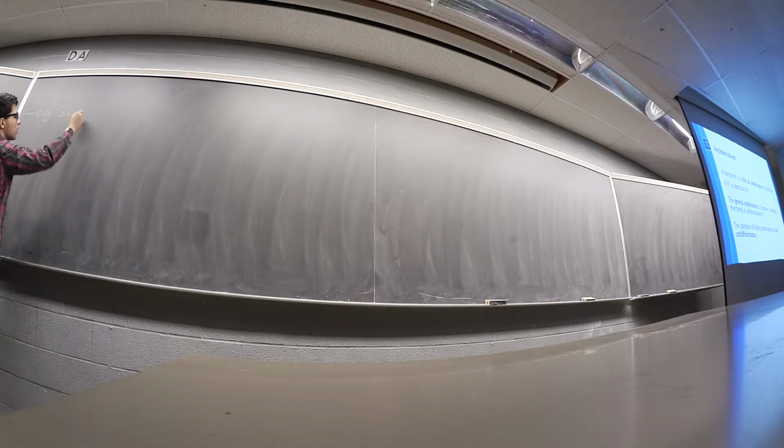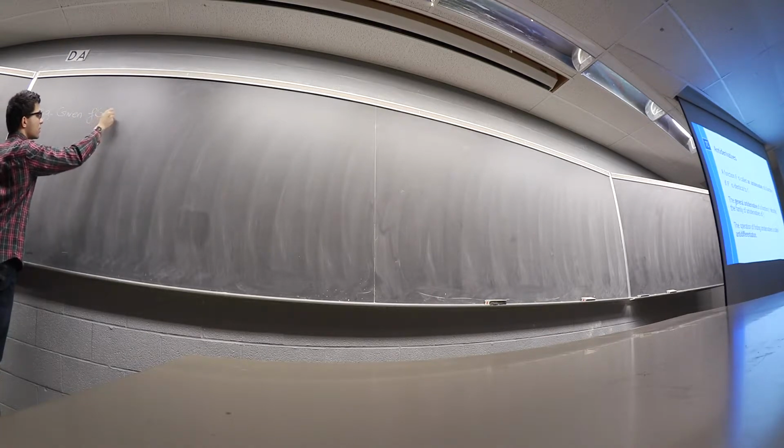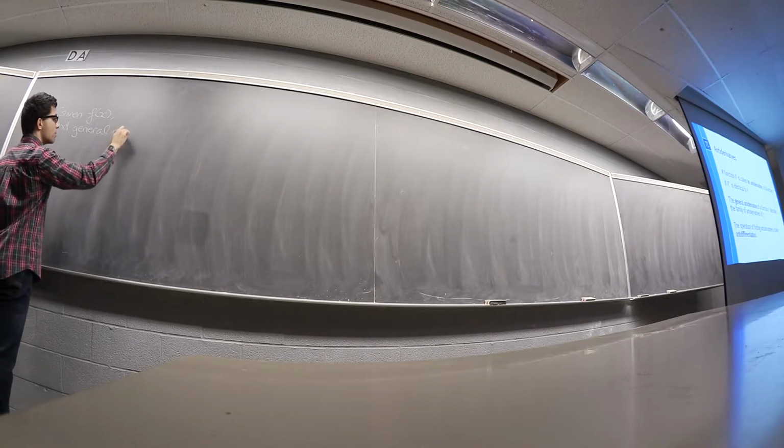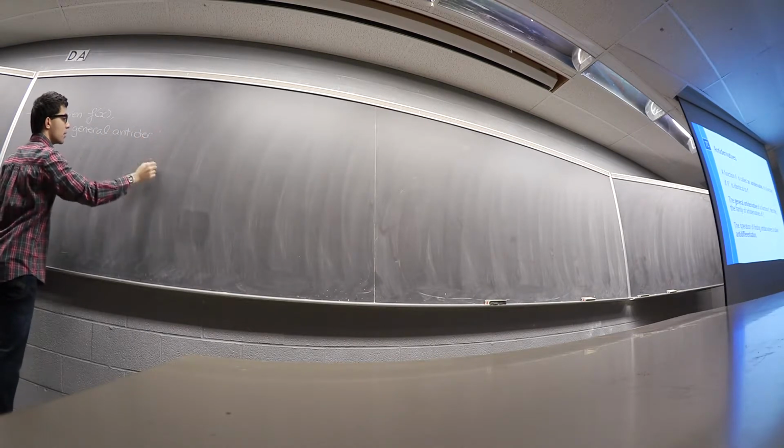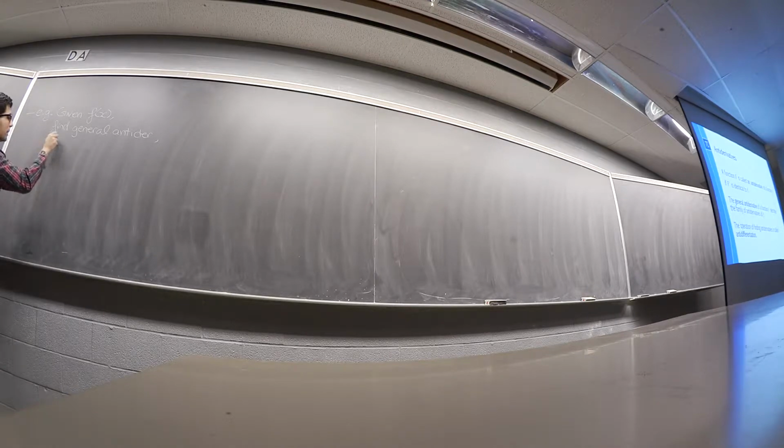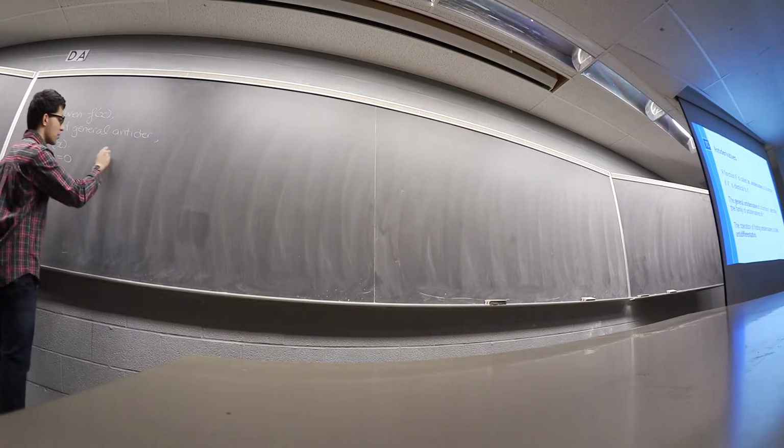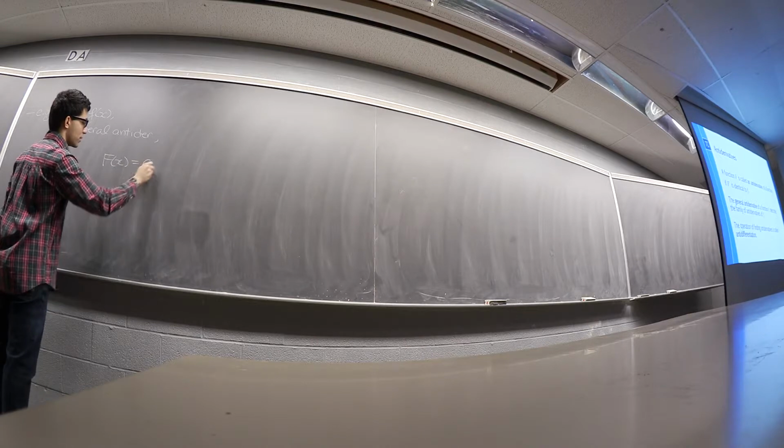Given a function, I'm going to repeat stuff from last time, so if you've written it, you don't have to write it again. Find the general antiderivative, big F. We start with a function that's 0 everywhere, and we said that the general antiderivative was the family of constant functions.